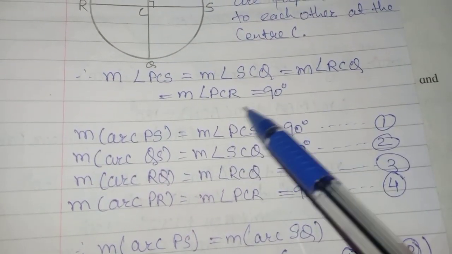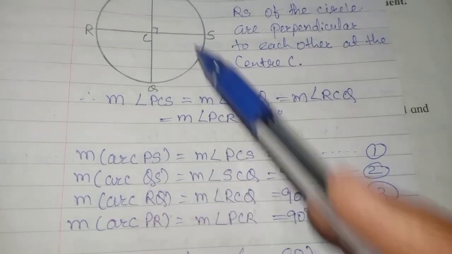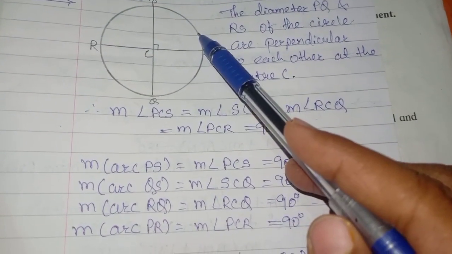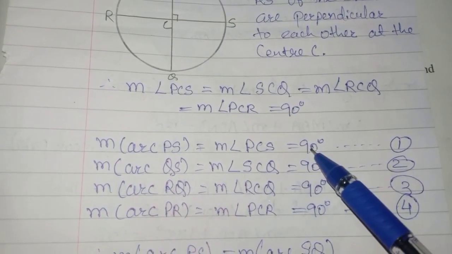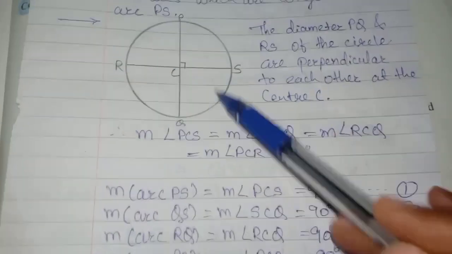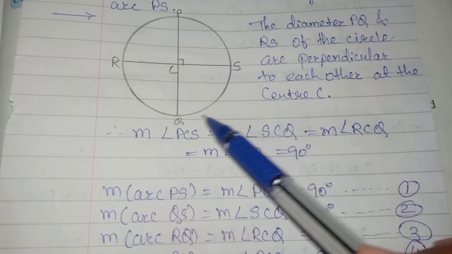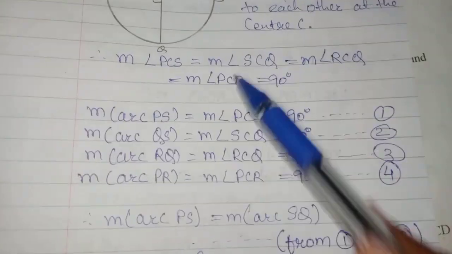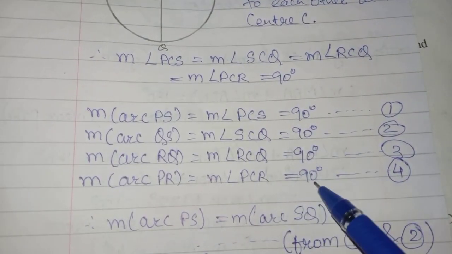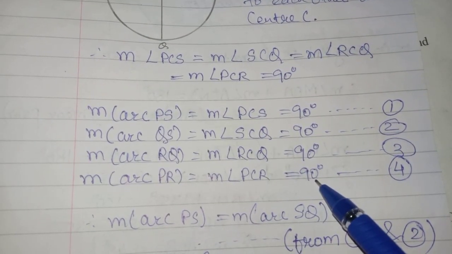So from this we can write measure arc PS is equal to measure angle PCS, which is equal to 90 degrees. Similarly, all these arcs, arc PS, arc QS, arc RQ, arc PR, will be of 90 degrees.